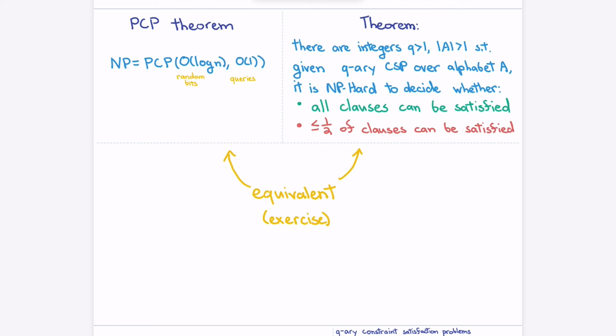Maybe it's easier to start in this direction. Suppose the theorem was true. Suppose it was NP hard to decide 1/2 or 0. That means for any NP problem, I should be able to come up with a probabilistically checkable proof.